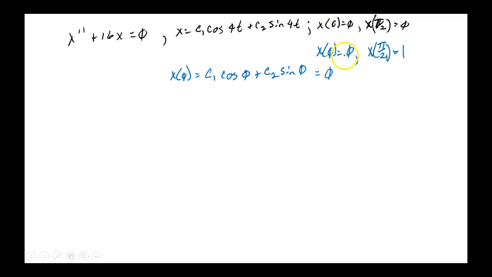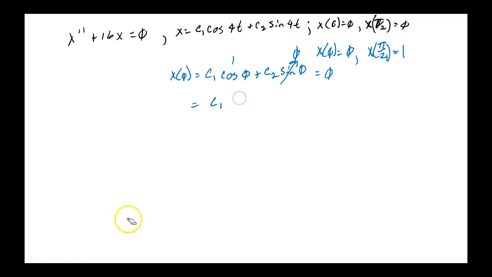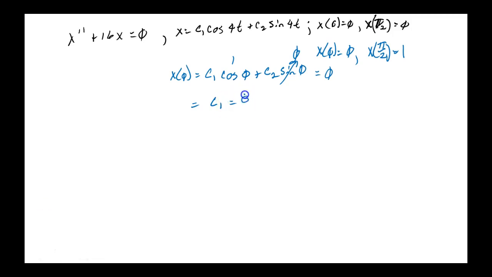That's our first condition. Cosine of 0 is 1, so you have C1 plus, but sine of 0 is always 0, so it doesn't matter what C2 is. C1 is equal to 0, just like we've had every time.